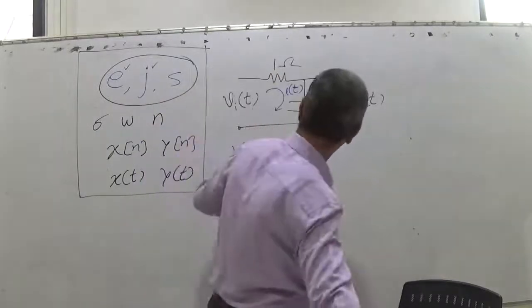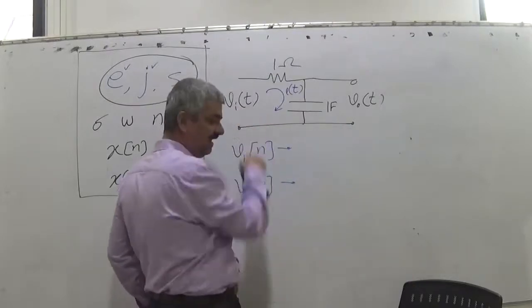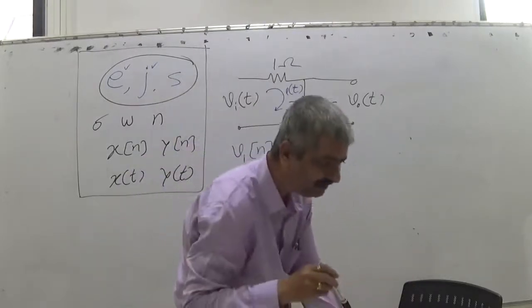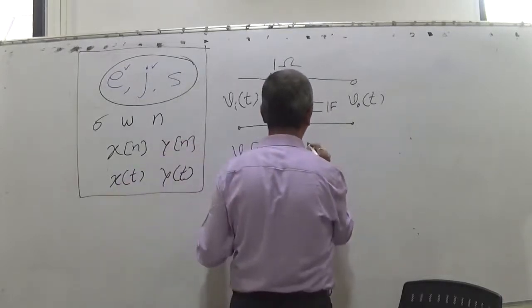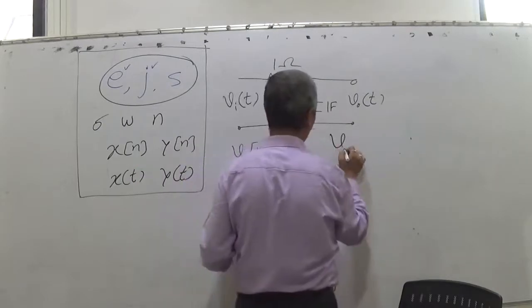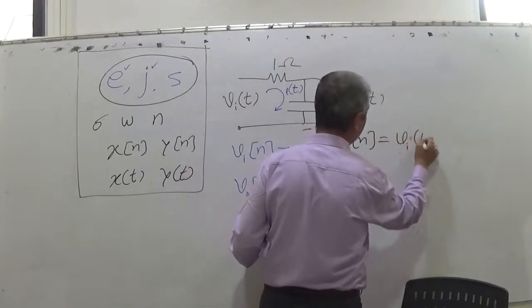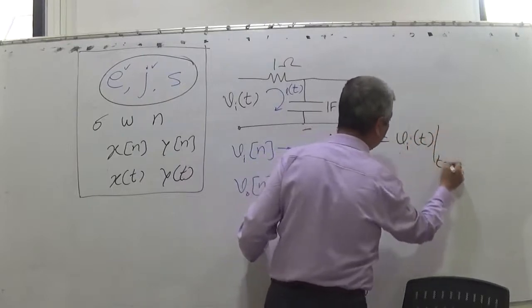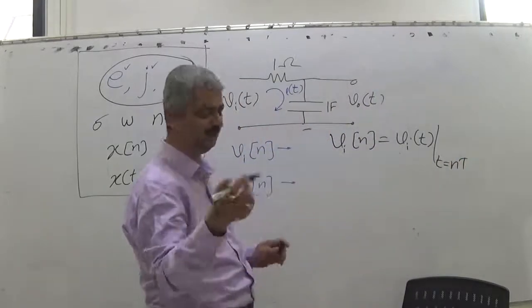So if Vin[n] are the samples of the voltage after time interval T, what is Vin[n]? Vin[n] is equal to Vin(t) at t equal to nT, and capital T I am using as 1 microsecond.